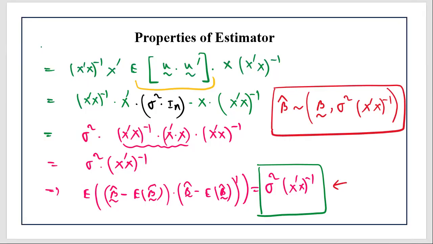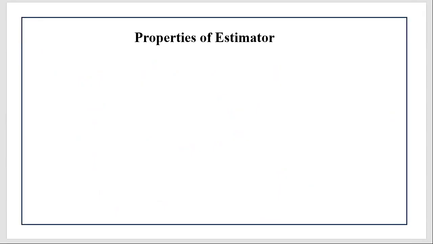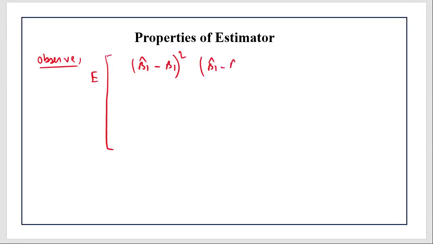Now, why is this called the covariance matrix? If you expand this matrix, you will get something like this. Observe. Let me write it down. First term will be beta 1 cap minus beta 1 whole square. The second term will be beta 1 cap minus beta 1, beta 2 cap minus beta 2.